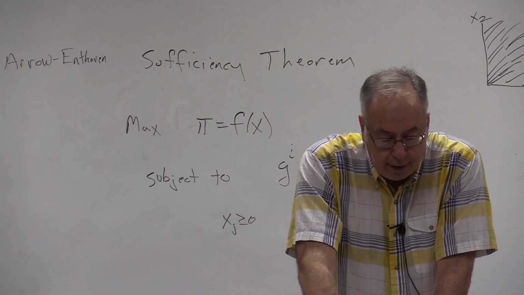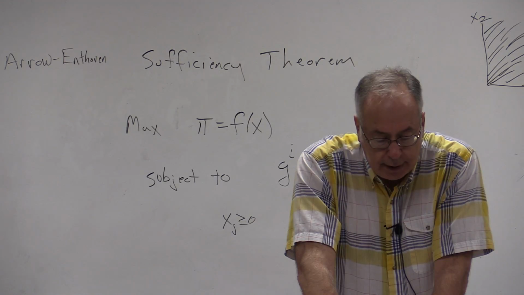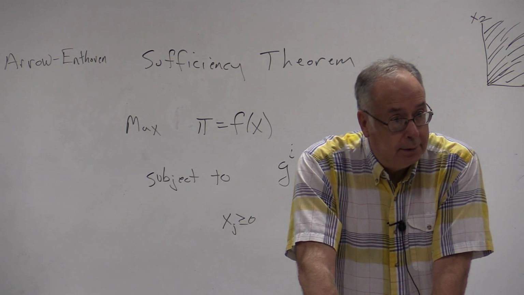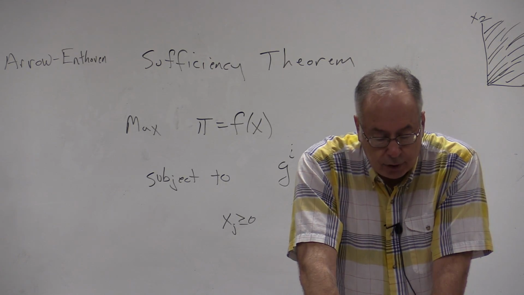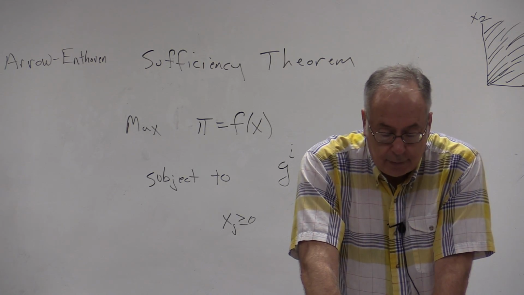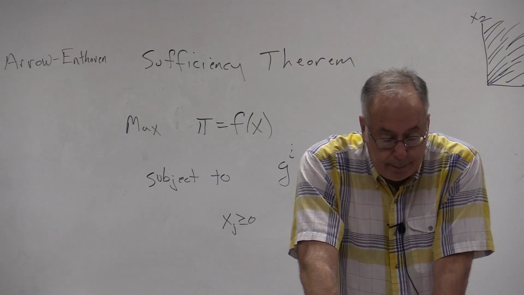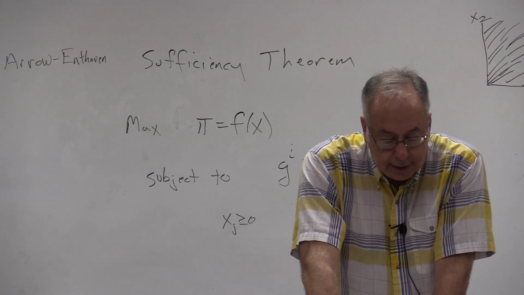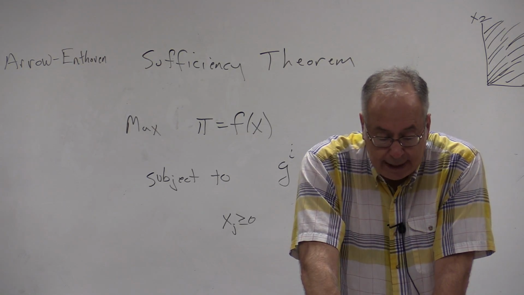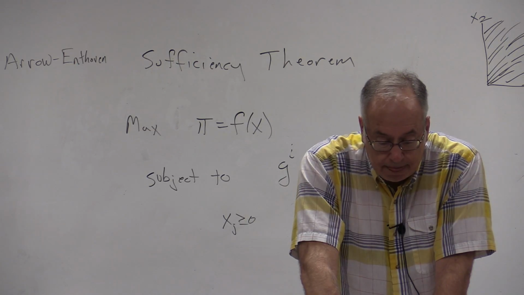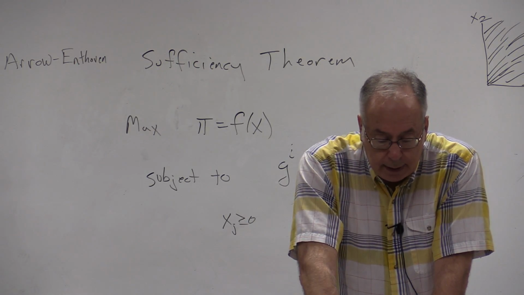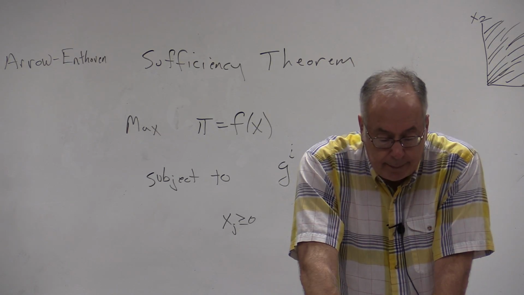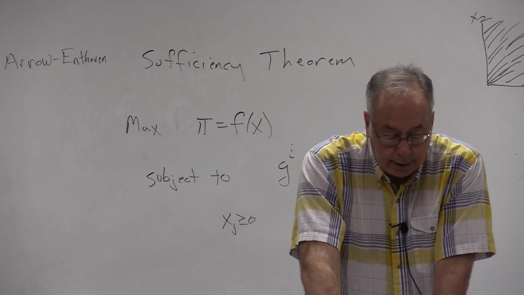One is that the partial derivative of your objective function at the optimal value x star is negative for at least one variable. Part two is that one of them is positive for one of your x's, a positive value where you're not violating the constraints.